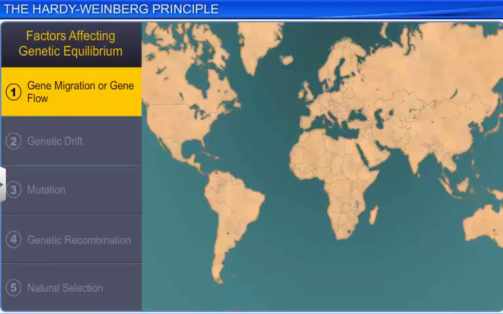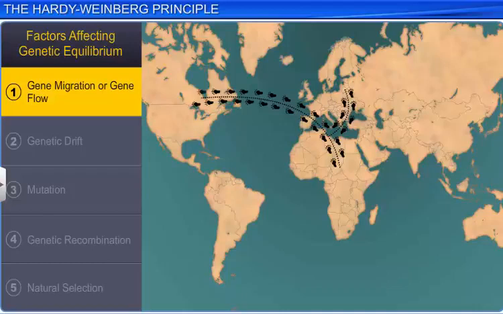Migration impacts the equilibrium because when a population moves from one place to another, there are changes in the gene frequencies of the old and the new populations. Therefore, while new genes are added to the new population, they are lost in the old population. When this gene migration takes place many times, it is called gene flow.